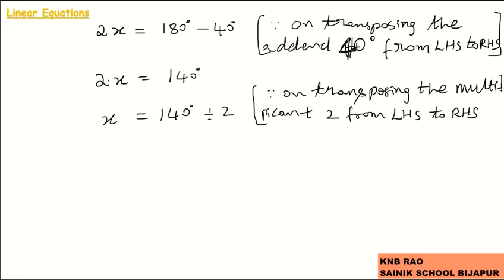So, the moment you write the reason, it gets full validity. Therefore, x equals to 70 degrees.